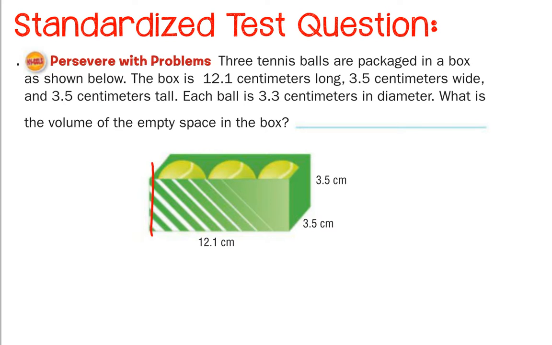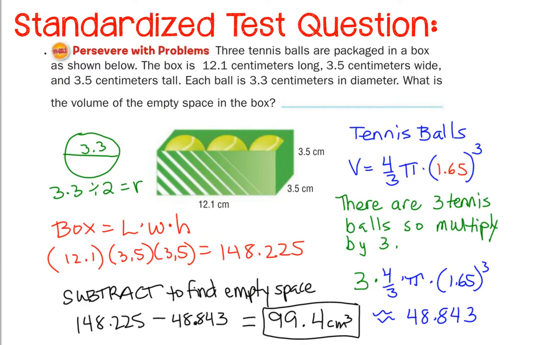Then you need to find the volume of this rectangular prism. And then you need to subtract. So if you weren't able to process that on your own, think about what I just said. Find the volume of those 3 tennis balls, find the volume of the rectangular prism, and then subtract. Take a minute to pause the video and look through my solution to see if you understand all of the steps.